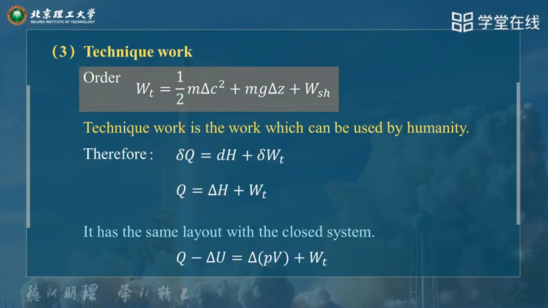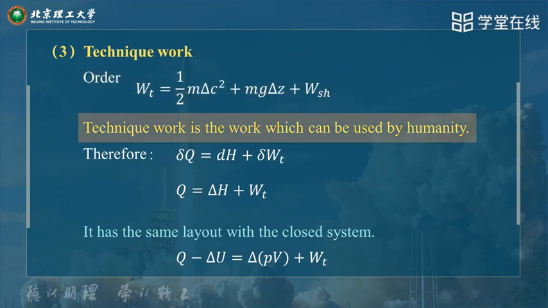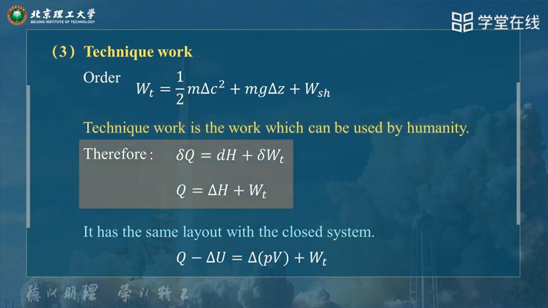So we define WT equals these three terms. Technical work is the work which can be used by humanity. Therefore, the very long equation can be shortened: delta Q equals dH plus delta WT. WT is technical work. For a finite process, Q equals delta H and WT.